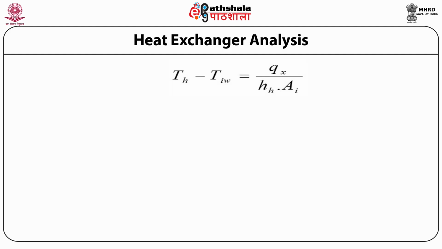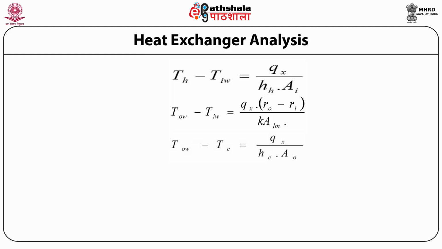From region 2 we found TOW minus TIW equal to Qx into (R0 minus Ri) divided by K into log mean area. TOW minus TC equal to Qx divided by HC into A0.